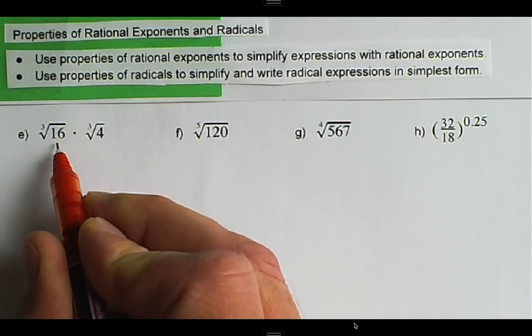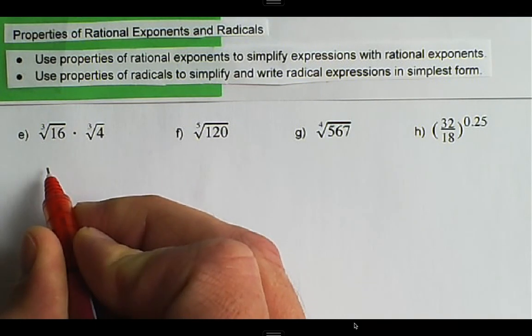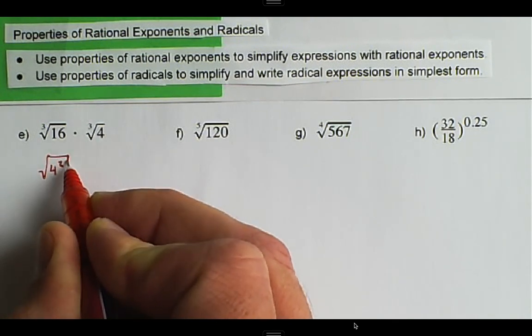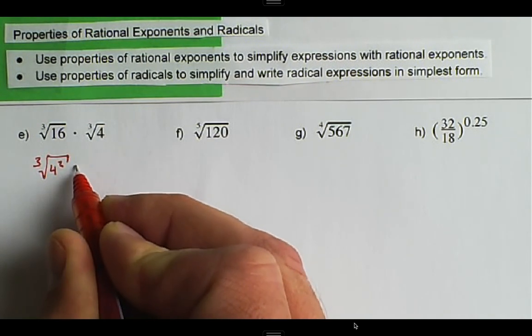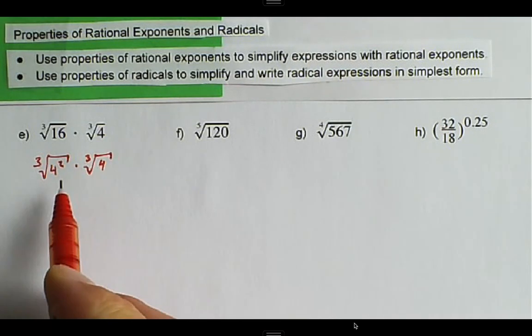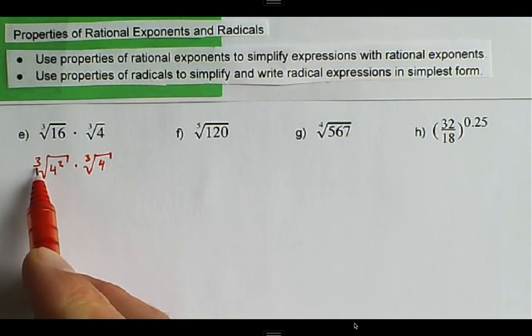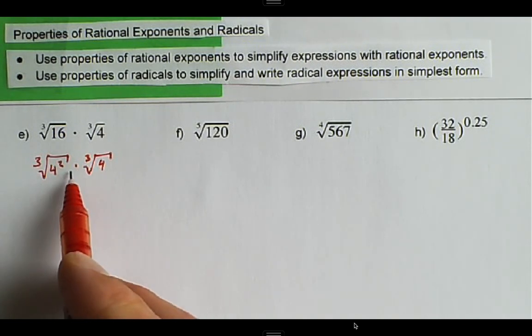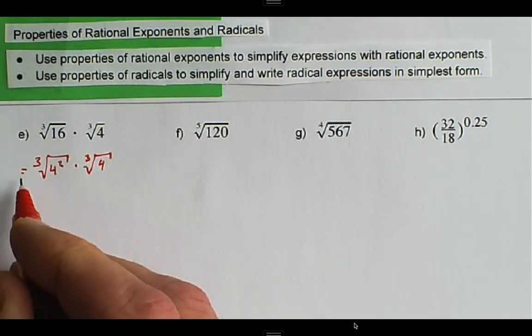So one way we can rewrite the cube root of 16 is as 4 squared. Cube root of 4 squared times the cube root of 4. And then if we have the same radical joined by multiplication, we can rewrite them under the radical.